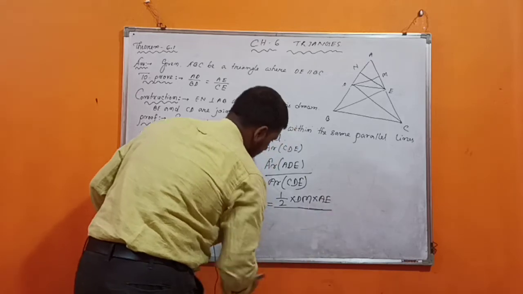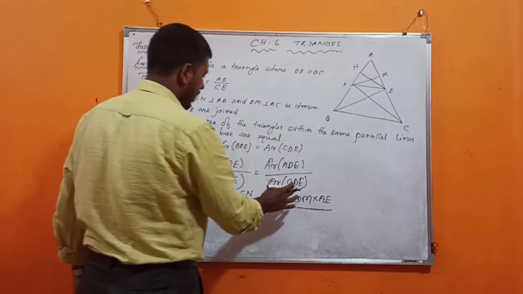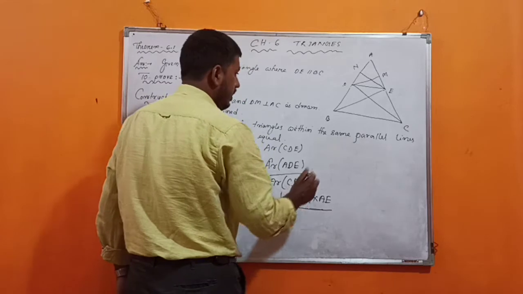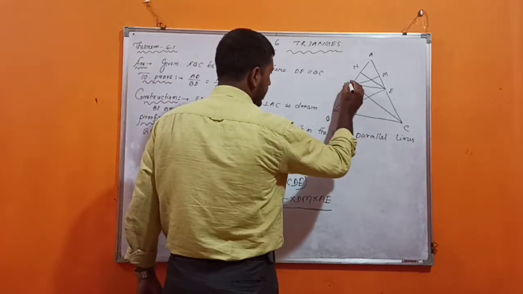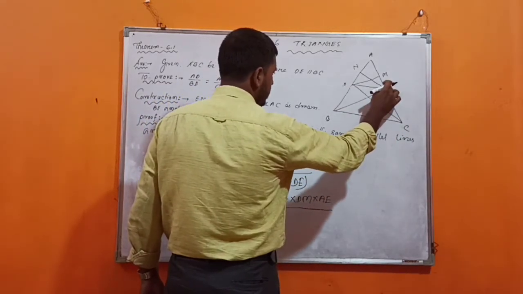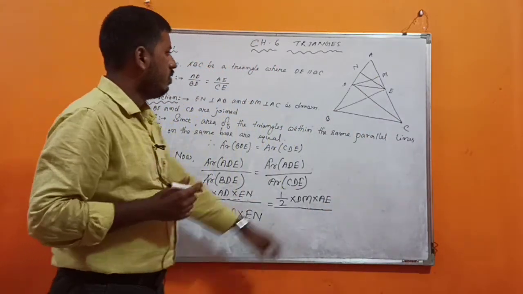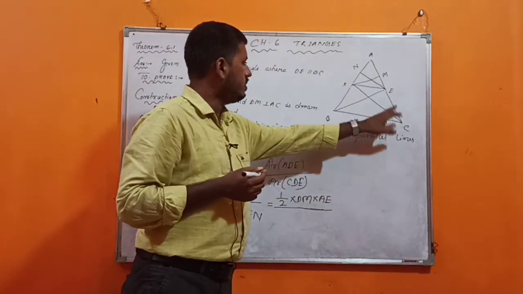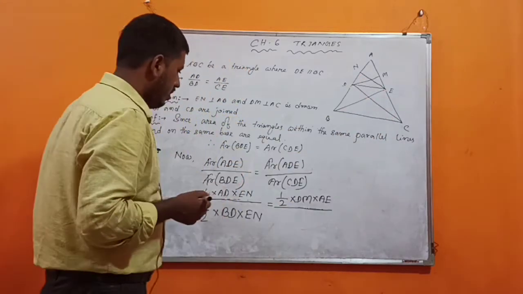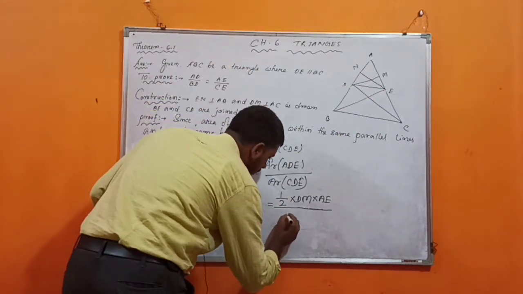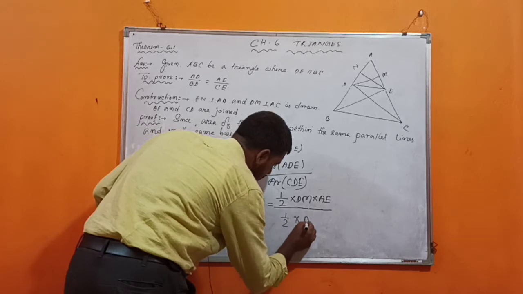divided by area CDE, which will be half of CE into DM. In the case of triangle CDE, the base will be CE and the perpendicular will be DM.